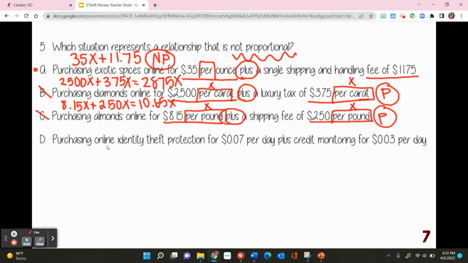Looking at D, it says purchasing online identity theft protection for 7 cents per day, plus credit monitoring for 3 cents per day. Again, we see the amount they are charging is per day. So this is indicating that these are both x, which ultimately means that we're going to be able to combine the amounts they're charging. So I have 0.07x plus 0.03x.